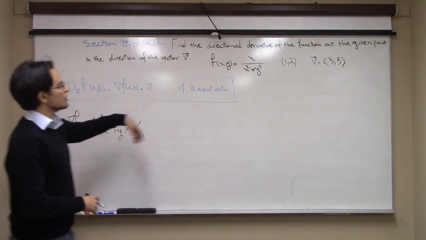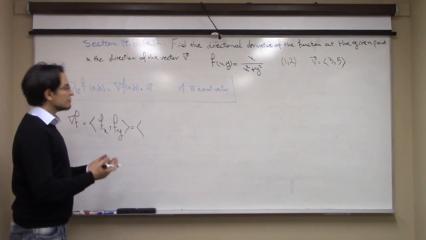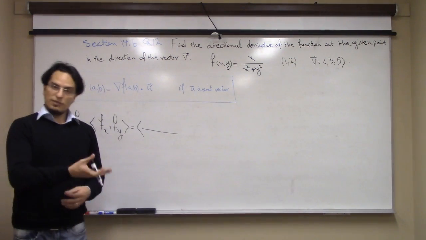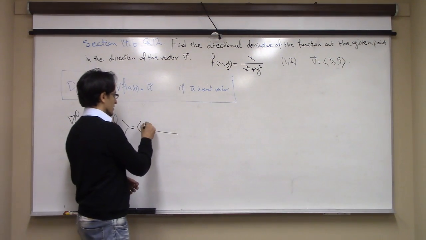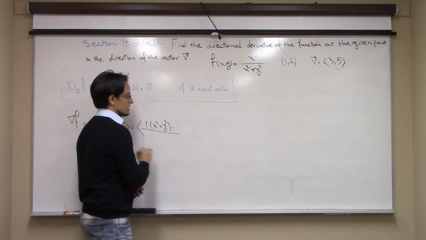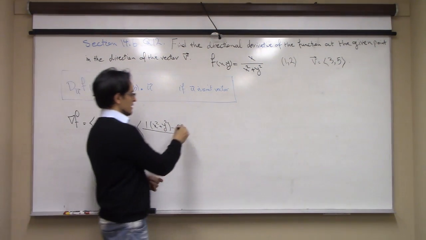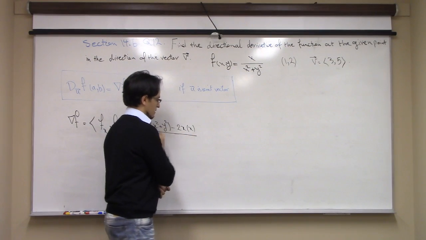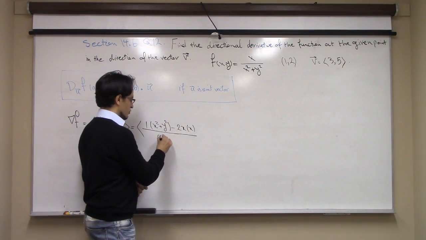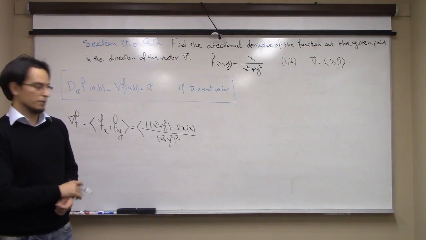We have to find the partial derivative of this function with respect to x. I have to use the quotient rule, which says: derivative of the numerator times the denominator, minus the derivative of the denominator, which is 2x, times the numerator, over the denominator squared, x squared plus y squared, all squared.